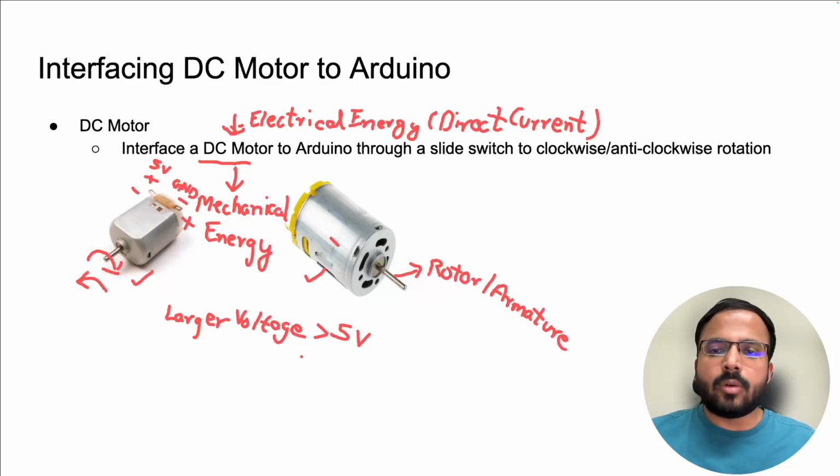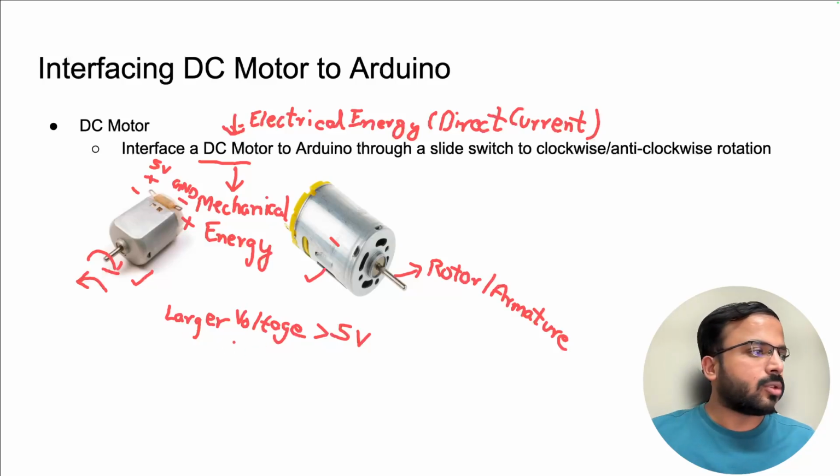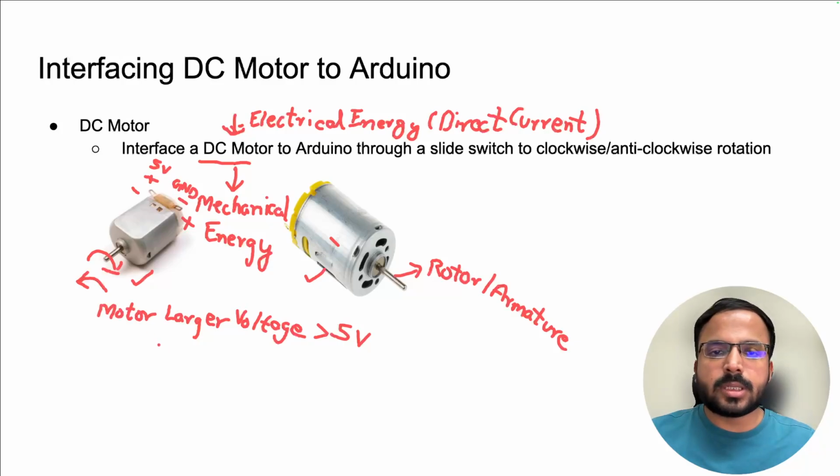So how are we able to drive these motors from Arduino, or supply the current through Arduino, so that we can drive motors which require a higher voltage or supply?